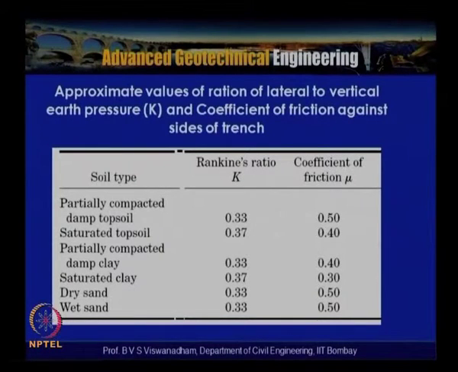Then for saturated topsoil it is 0.37 and the coefficient of friction is 0.4. The partially compacted damp clay has K value 0.33 and coefficient of friction 0.4. The saturated clay is 0.37 and coefficient of friction is 0.3, and dry sand has Rankine ratio K 0.33 and coefficient of friction 0.5, and wet sand 0.33 and coefficient of friction 0.5.